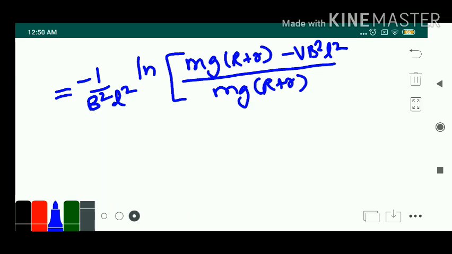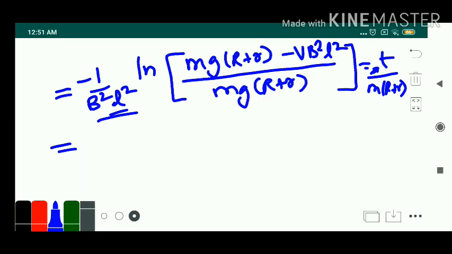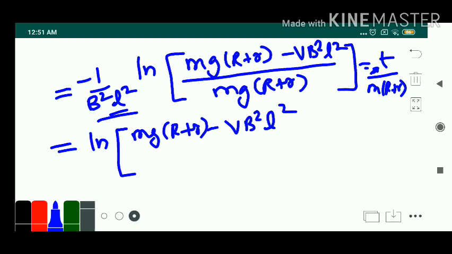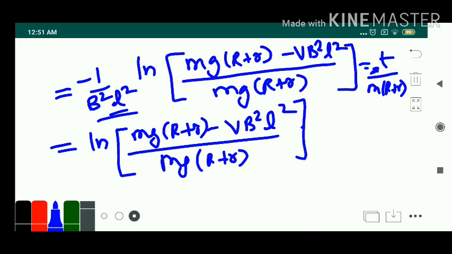I just changed the order, guys, it's same, right, is equal to t divided by m r plus r, right? Clear? Now I'm going to bring this b squared l squared from here to here. So this becomes natural logarithm mg r plus r minus vb squared l squared divided by mg r plus r is equal to b squared l squared t divided by m r plus r.